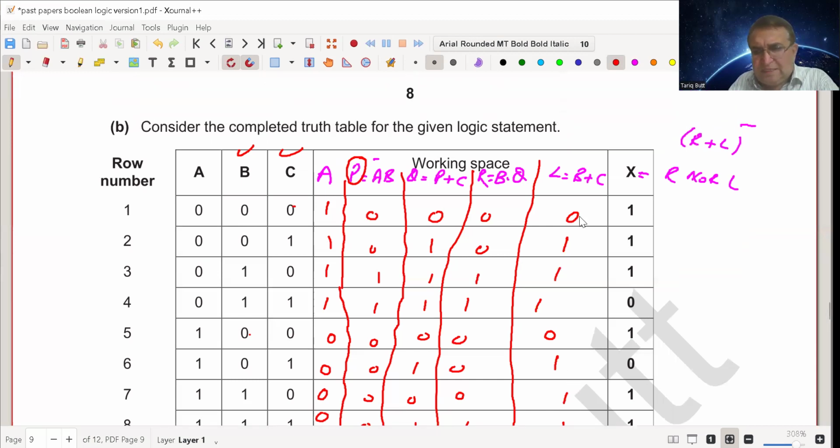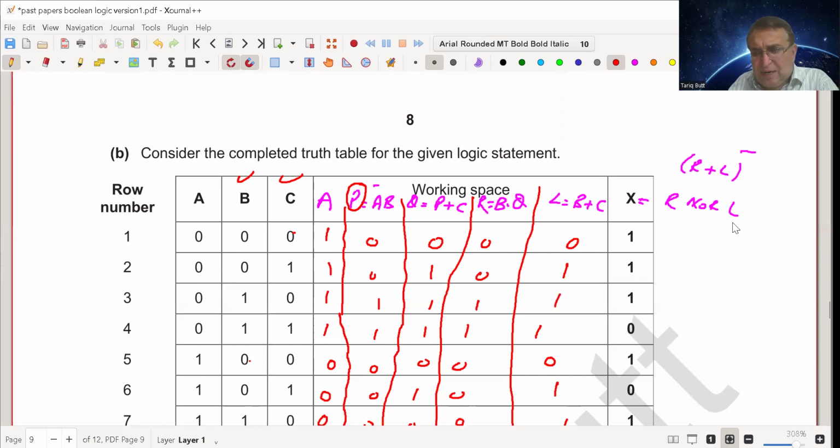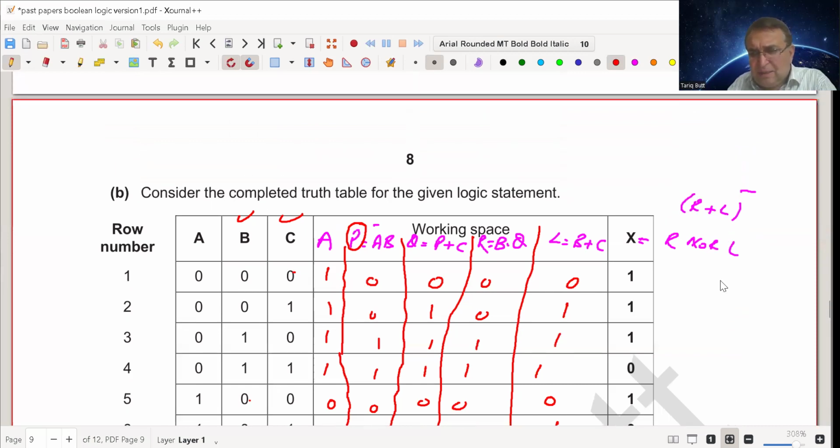And finally, what is X? X is R NOR L. NOR means you have to OR them and then invert it. Now draw this output X over here. Just draw it, then I'll read the question, and then you will see what you have to find out.